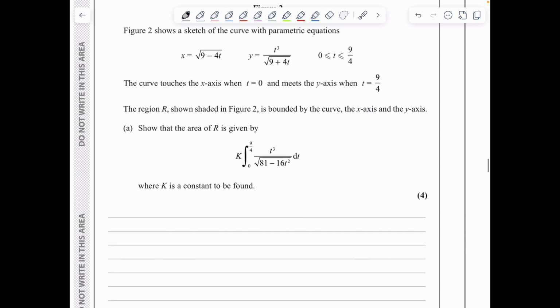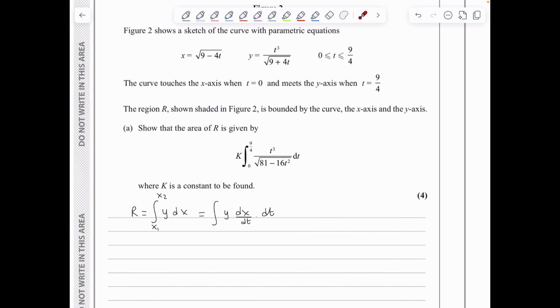Let's start by stating that the area R is the integral of y with respect to x. The limits, I will call them x1 and x2. Unfortunately, we don't have y in terms of x. We've got parametric equations, so we're looking at the integral of y dx/dt dt. So this is parametric integration.